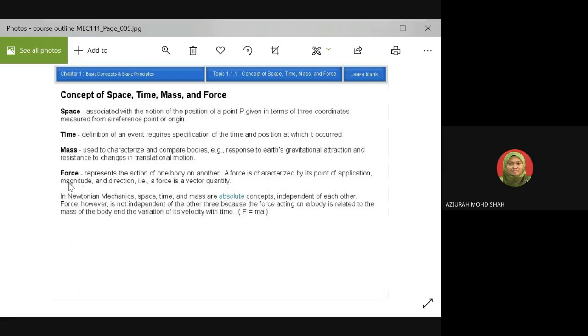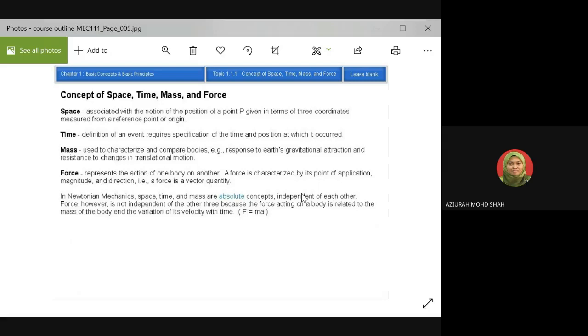Okay. So characteristic of force, dia kena tahu yang ini: point of application, magnitude, direction. So you need to know what is point of application. Nampak benda ni macam lah, apa benda nak tahu terms of point of application. But actually, kalau you tak tahu point of application force tu kat mana, nanti you tak boleh nak nampak gambaran force tu duduk dekat mana.